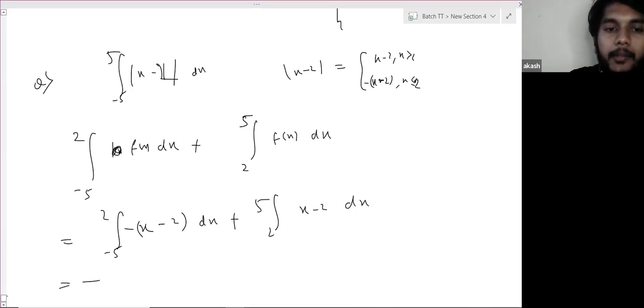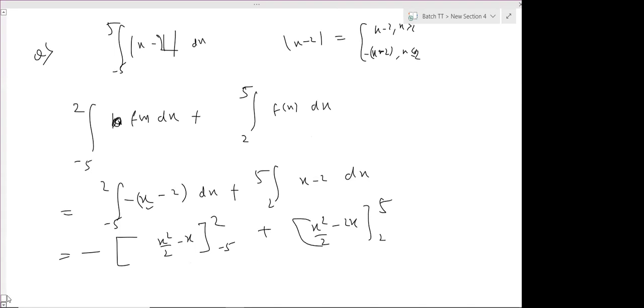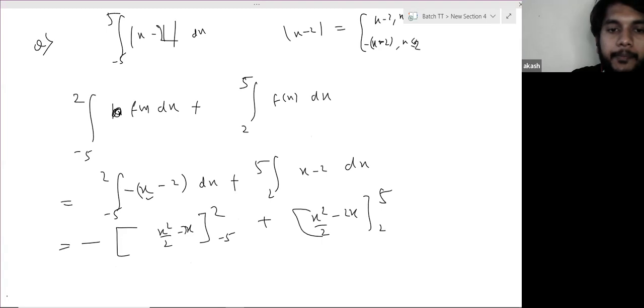Negative sign outside, big bracket, integration of x is x square by 2 minus 2x, from minus 5 to 2, plus x square by 2 minus 2x from 2 to 5. So negative. When you put 2, this is 2 square by 2, which is 2, minus 4.